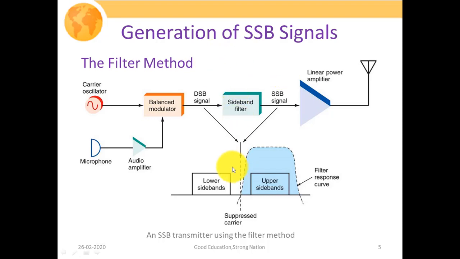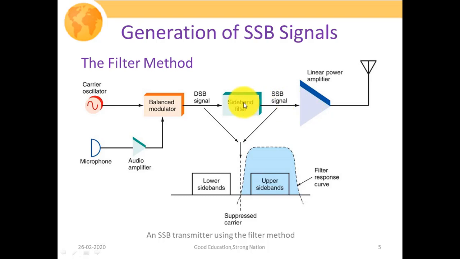Since we know that in double sideband systems we have one upper sideband and one lower sideband, the role of the sideband filter is to precisely select any one sideband, either the upper sideband or the lower sideband, and pass it to the amplifier.